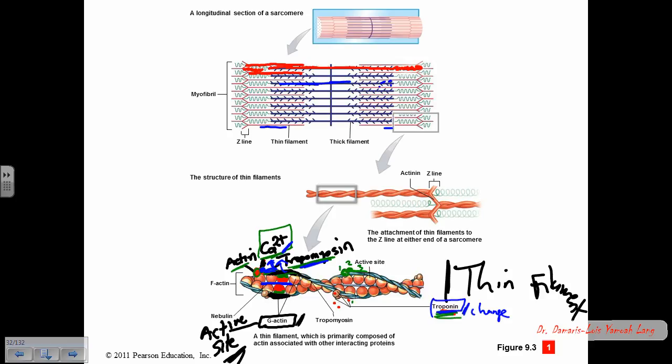So let me give you an analogy. I like cooking. This is a container, right? This is a lid. Think of the lid as tropomyosin. And the handle, think of it as troponin.